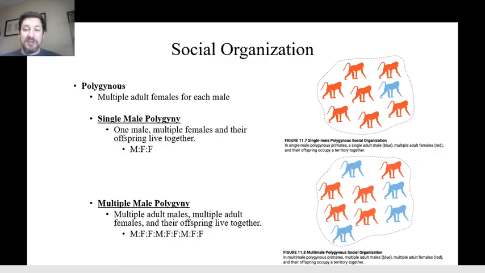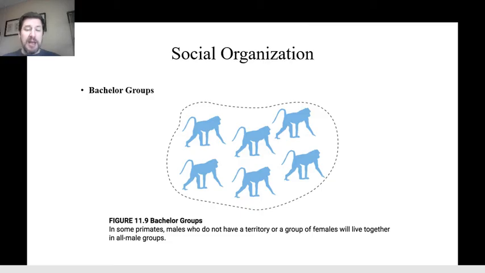Polygynous social organization, either in the form of single male polygyny, one male and multiple females with all their offspring. That's gorillas being the primary example. And multiple male polygyny, where you have multiple groups of males and females with all their offspring living together. Capuchin monkeys are an example of this. And then bachelor groups, where you have the male individuals who are not mating living outside the rest of the group.